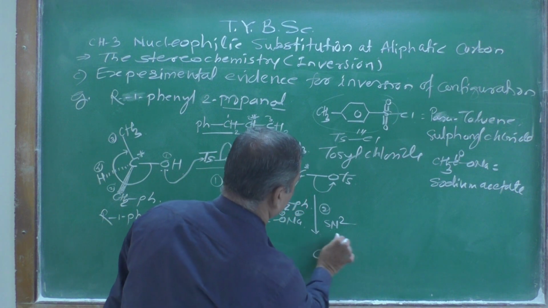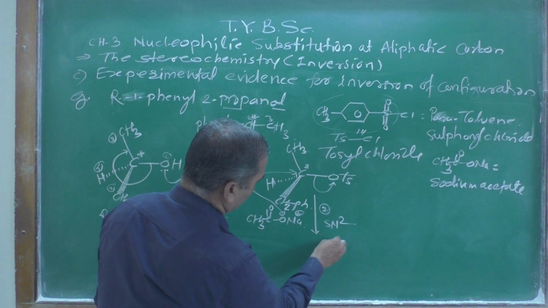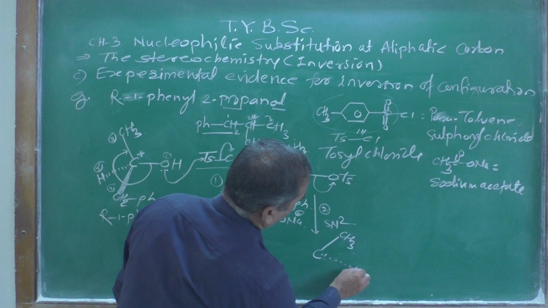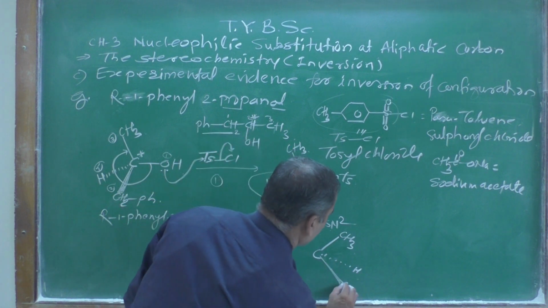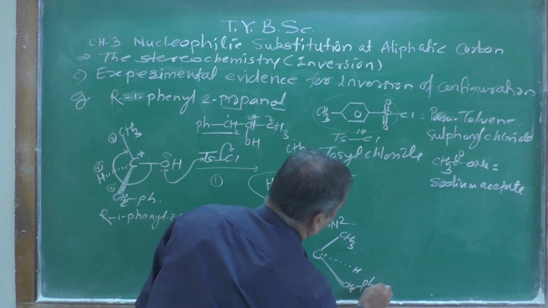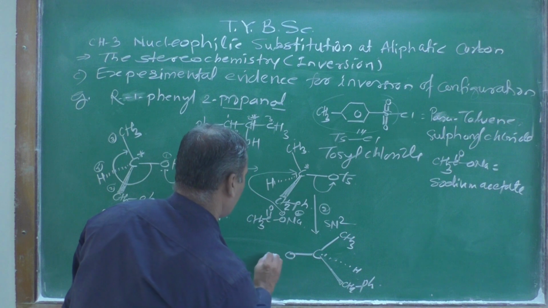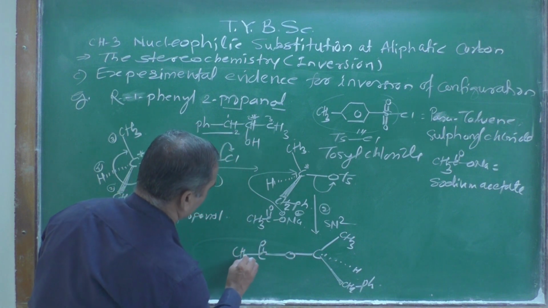Here the methyl group, then the hydrogen atom dotted, then CH2Ph, and now here O, then C double bond O and CH3.